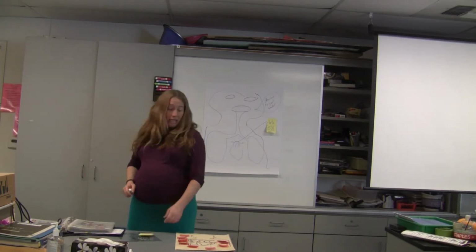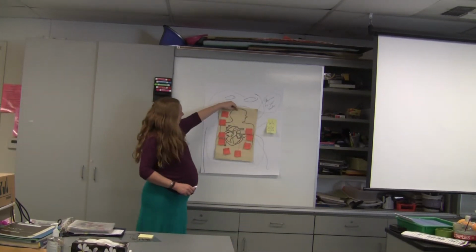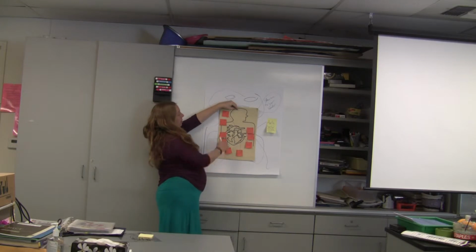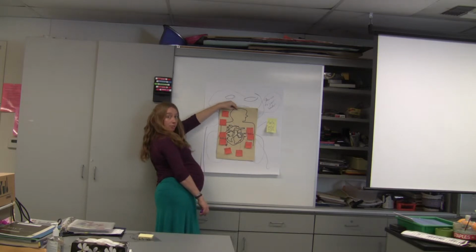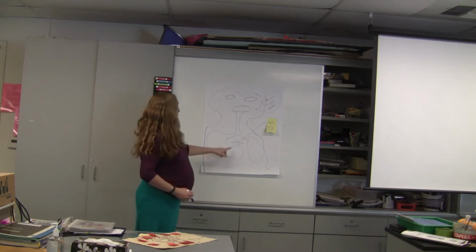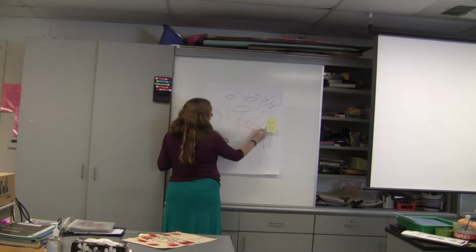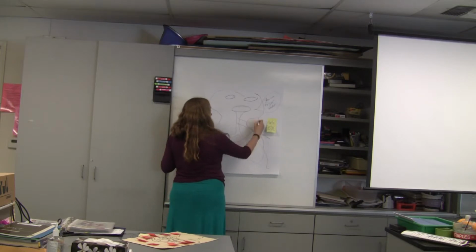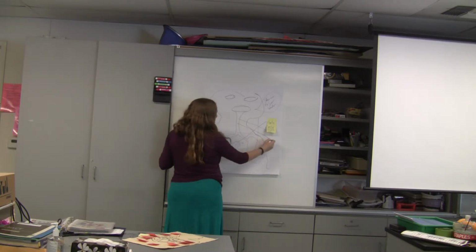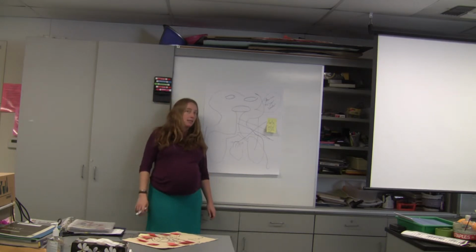Now, the real key is to make it something like this, where notice how each of the descriptions don't overlap each other. That's important, because if you have the aorta here, and then you have the pharynx here, and the larynx there, and the lung here, and the bronchi there, you see how this is going to turn into a mess really fast?